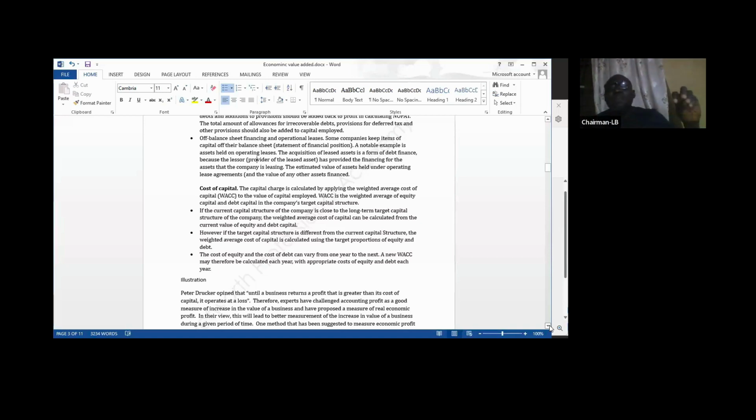You are going to determine the average of cost of equity plus the average of cost of debt. We now sum it together. Please remember, your cost of debt is calculated after tax. When you get to finance, God helping us, you are going to get more of this. But at this level, we try to keep it simple.